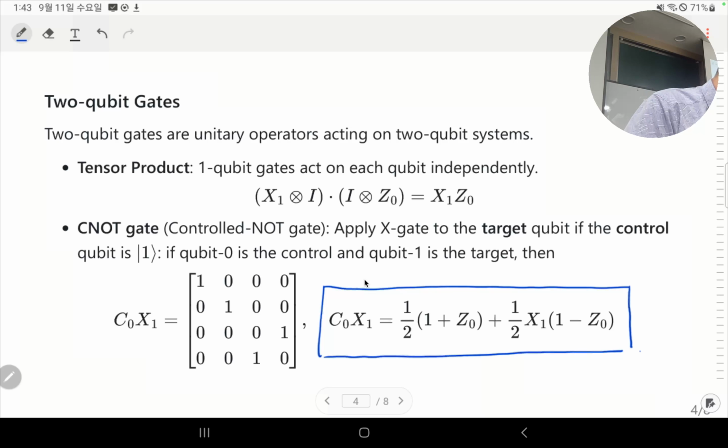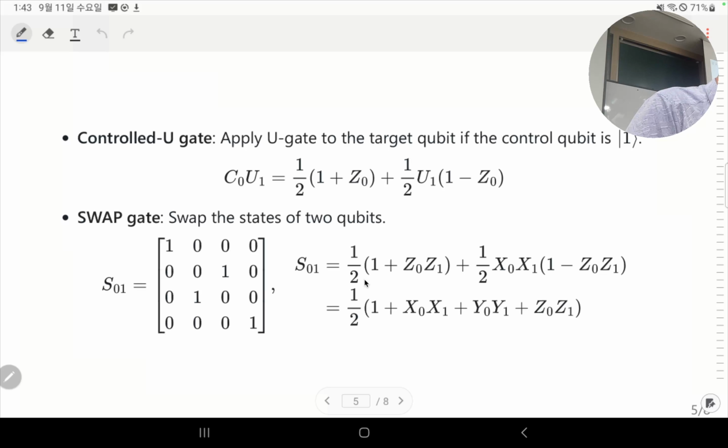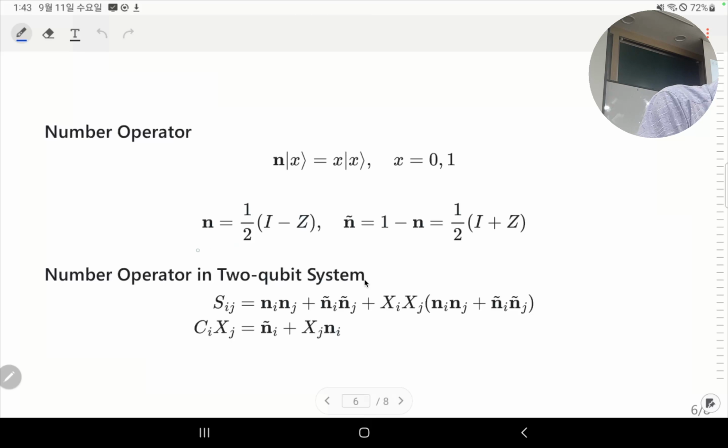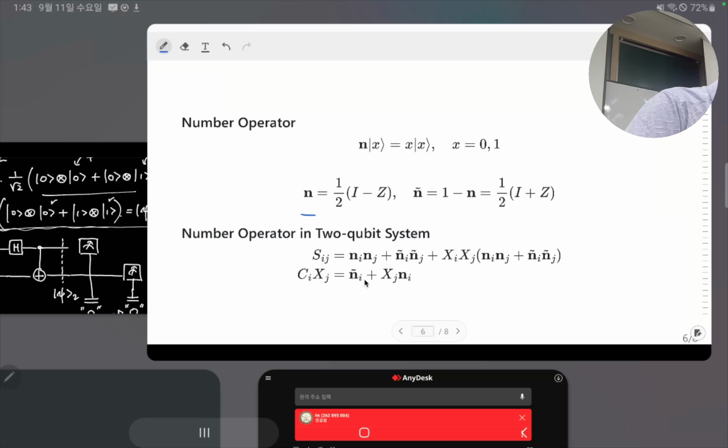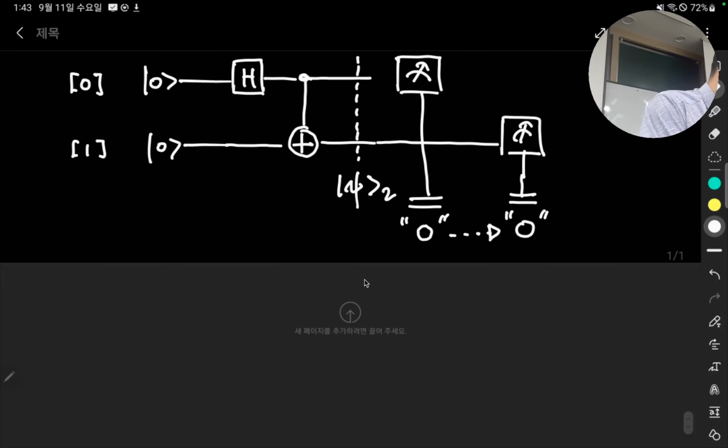We're going to use the number operator, as I mentioned here. So, C0x1. I want to keep ket 0 on qubit 0, but I want to do something if it's ket 1 on qubit 0.